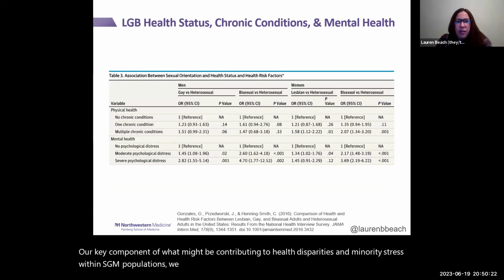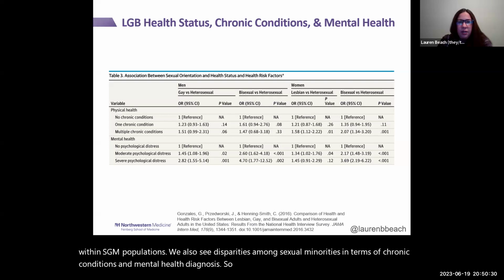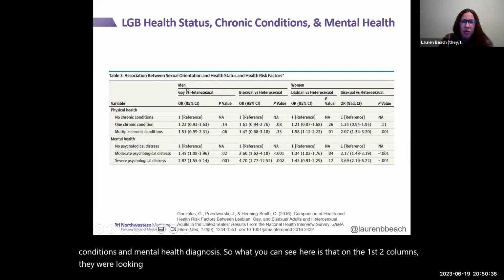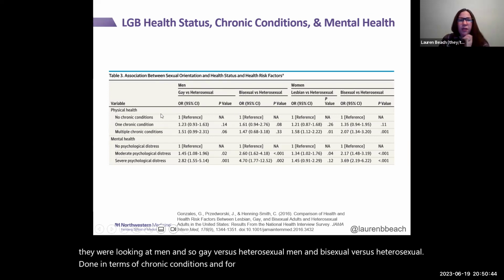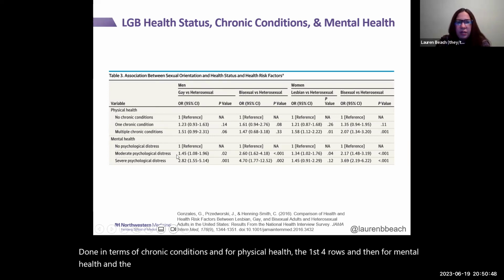We also see disparities among sexual minorities in terms of chronic conditions and mental health diagnoses. So what you can see here is that in the first two columns, they were looking at men, so gay versus heterosexual men and bisexual versus heterosexual men, in terms of chronic conditions and physical health in the first 4 rows, and then mental health in the bottom 4 rows.